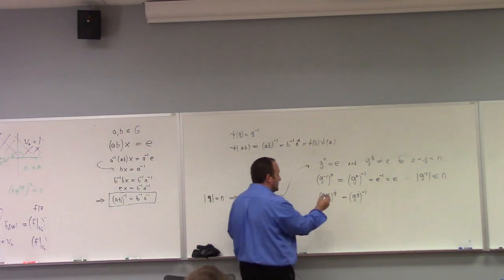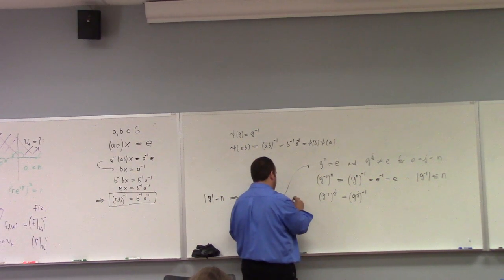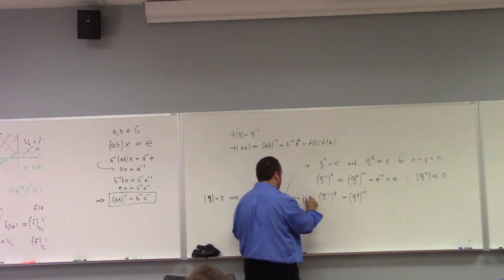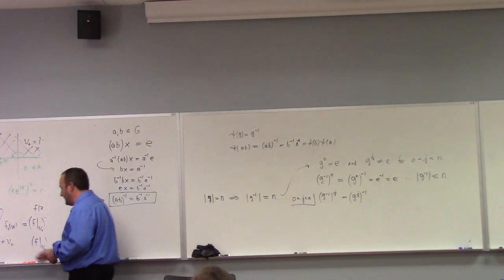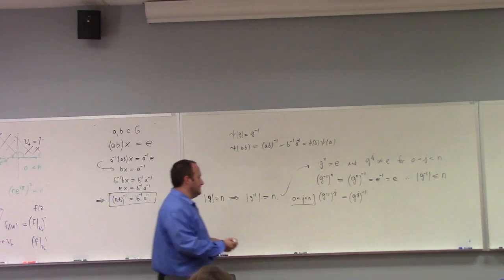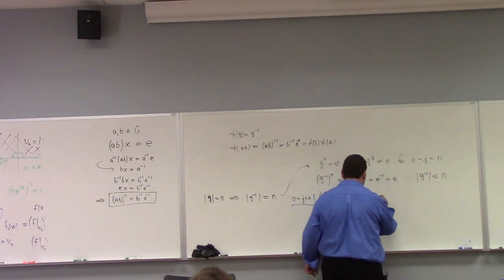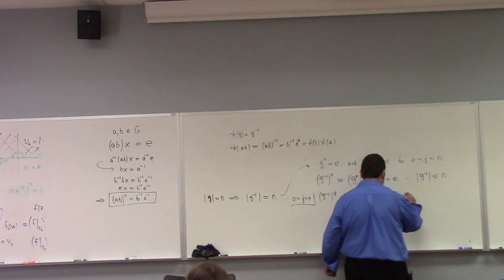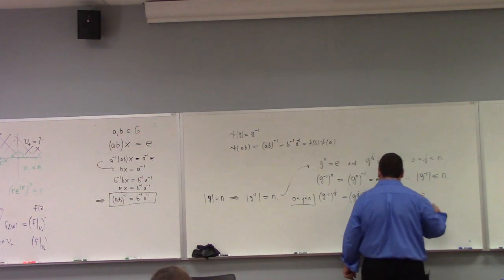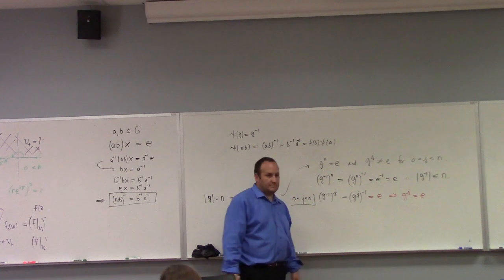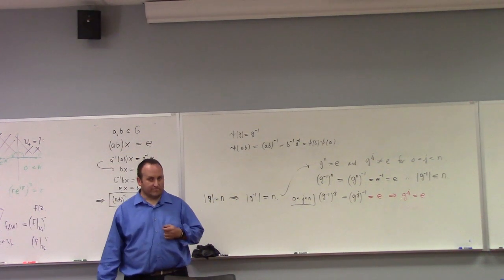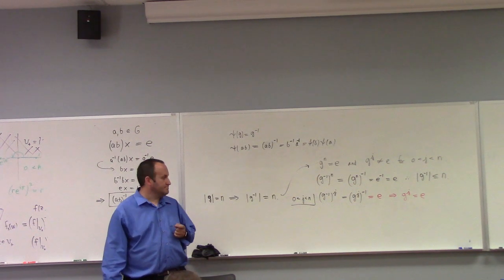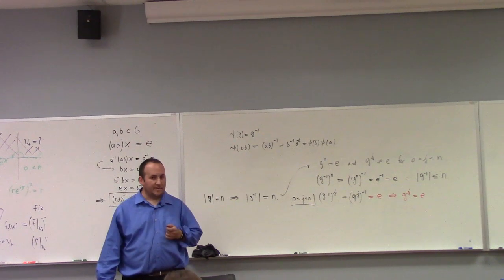I'm assuming here 0 less than j less than n, okay? That would imply that g to the j is equal to the identity, wouldn't it? Because you can take the inverse of both sides of that equation, right? And that's a contradiction.